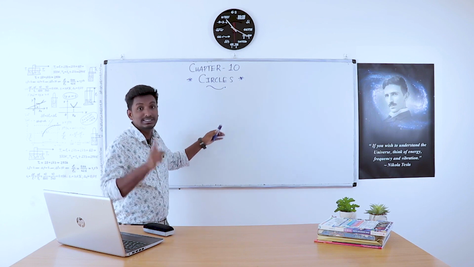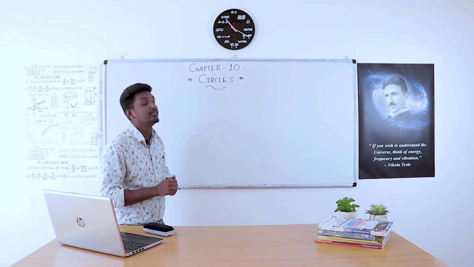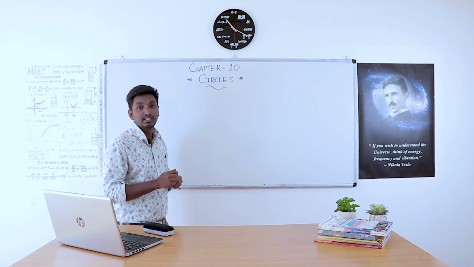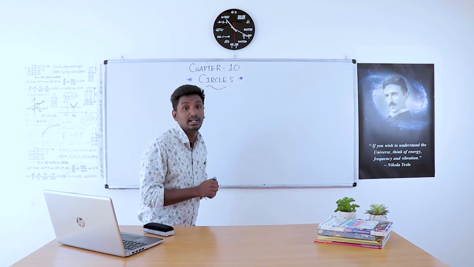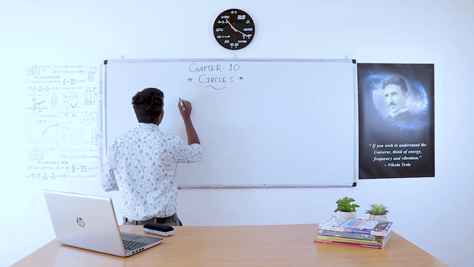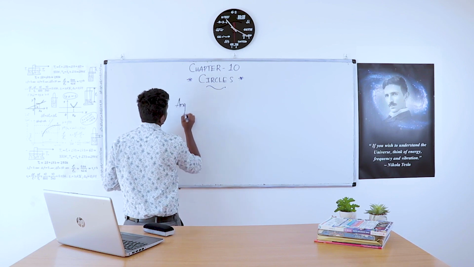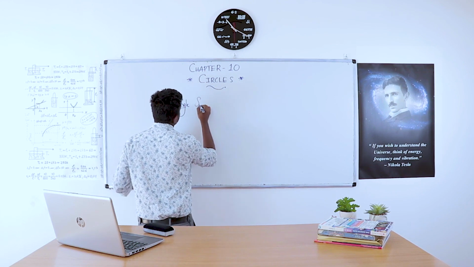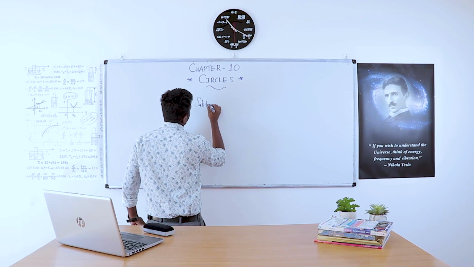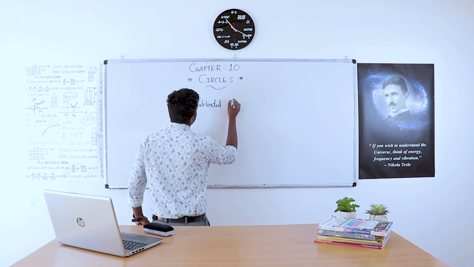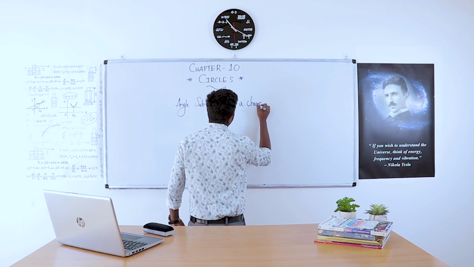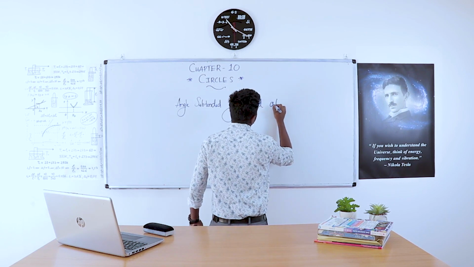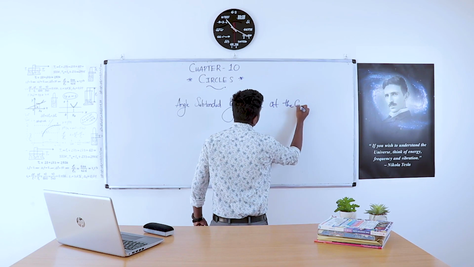Now we are going to discuss the first theorem, theorem number 1, which is related to the angle subtended by a chord at the center. Angle subtended by a chord at the center of the circle.